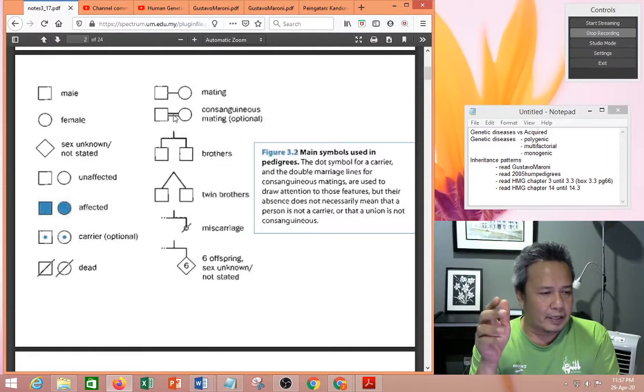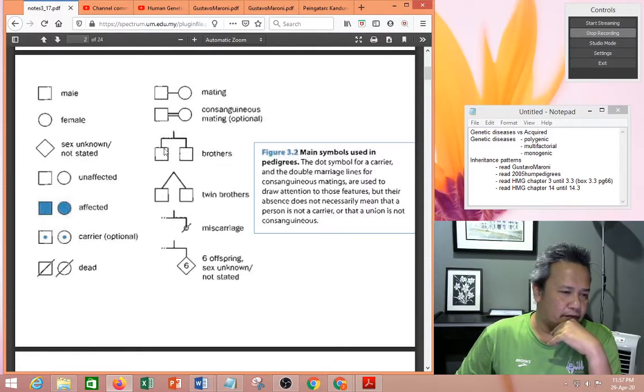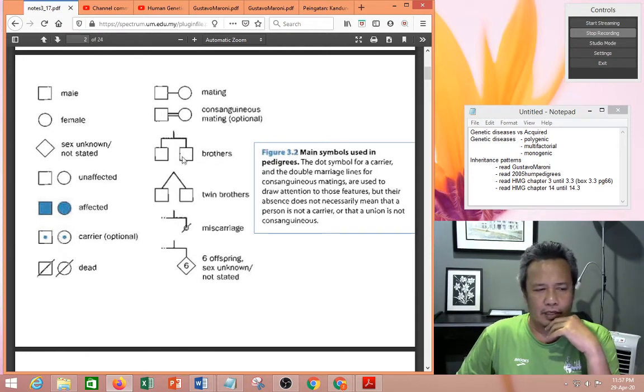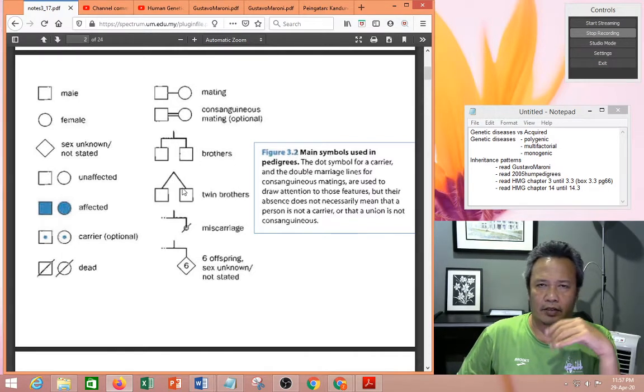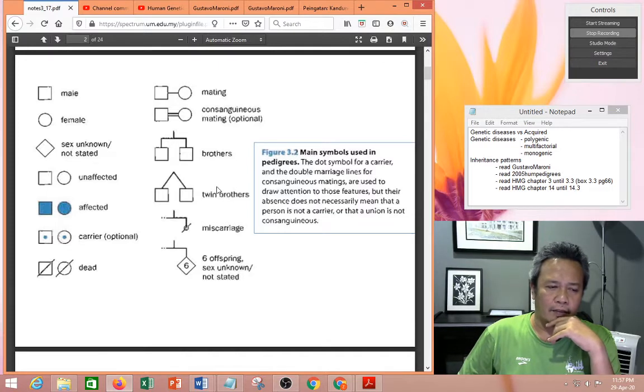How you draw pedigrees: from a couple, you then see sons or daughters or children. If you see one that has this splitting, that is twin brothers, and there's a way to show whether they are monozygotic or heterozygotic.